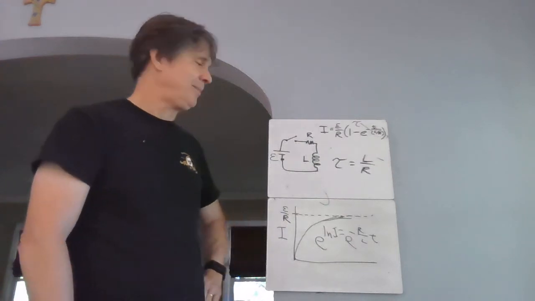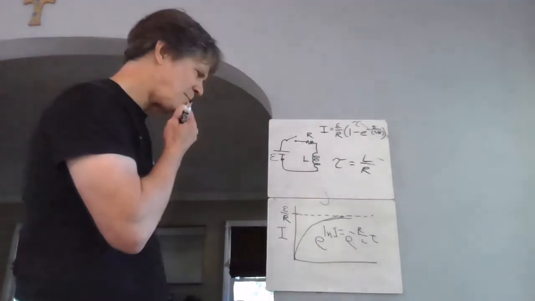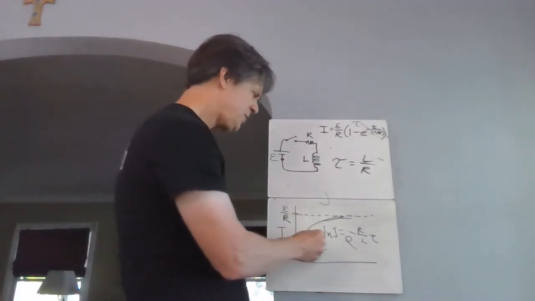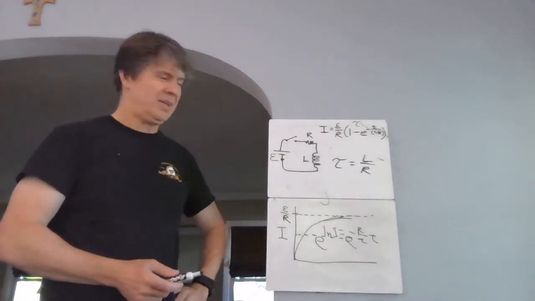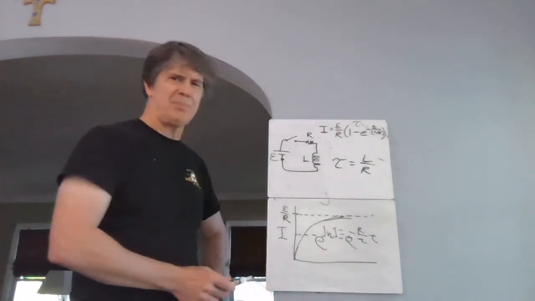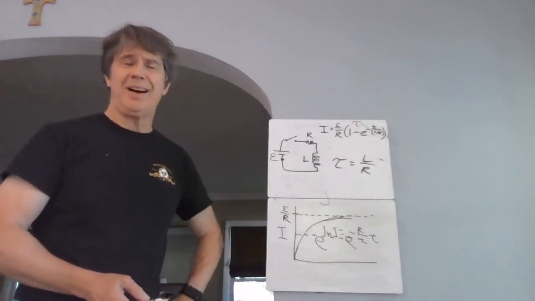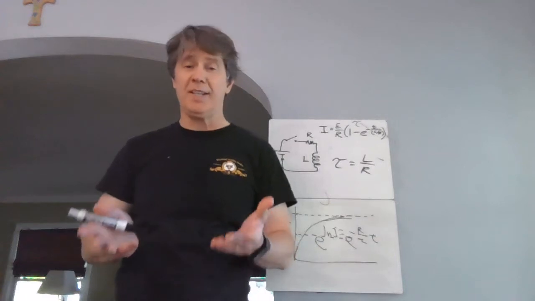Why would that be? If the resistance is bigger, then you're never going to reach as much of a current anyway, are you? And so it won't take as long to get up to 1 over e of it. Basically, the resistance is reducing the amount of current anyway.